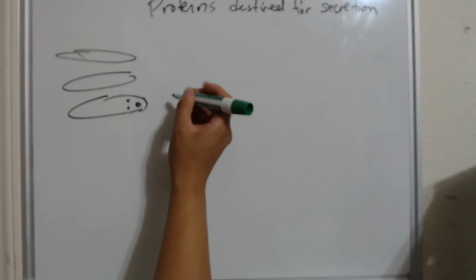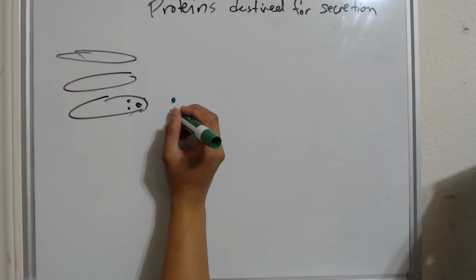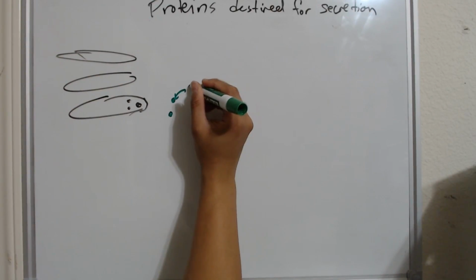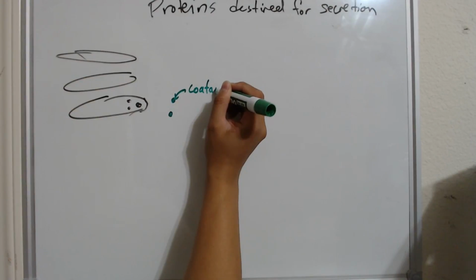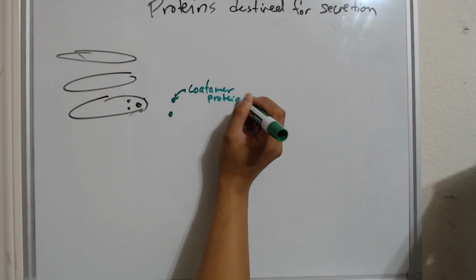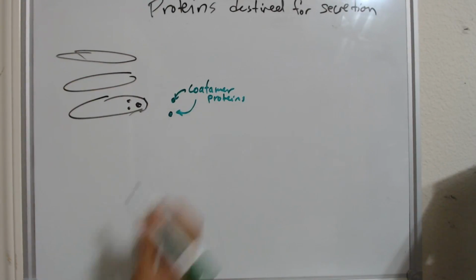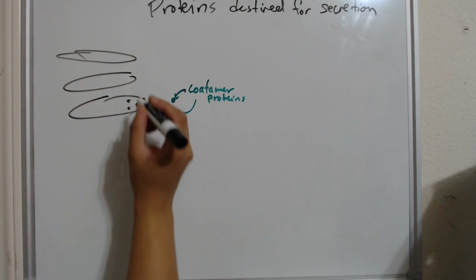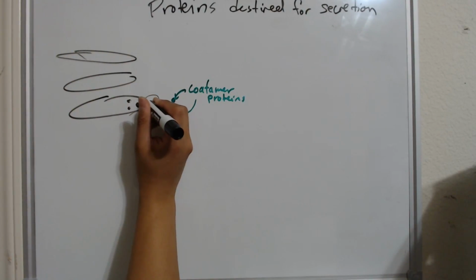So in the cytoplasm, there are these things called coatomer proteins. Okay, so the first thing that will happen is there is a thing here.